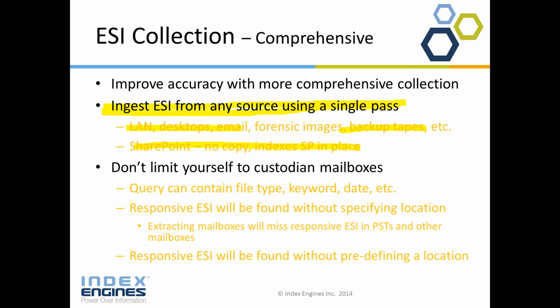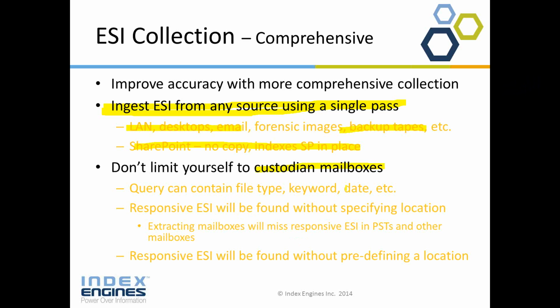So if there's duplicate data that exists on desktops and in SharePoint and possibly a backup tape, you can ensure that only one unique copy will be collected if that's what's required as data is preserved. This allows you to get a wide view across the entire data set and to not limit yourself to specific things like custodian mailboxes.